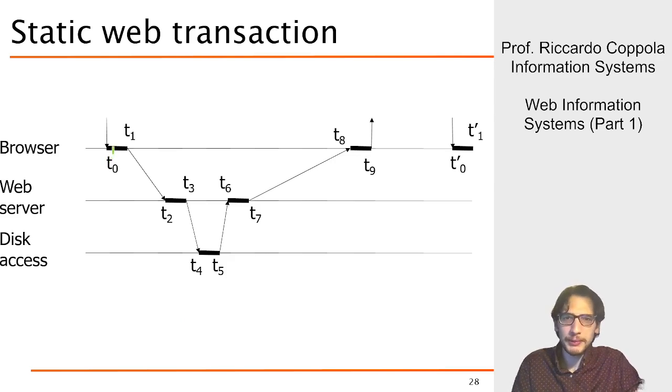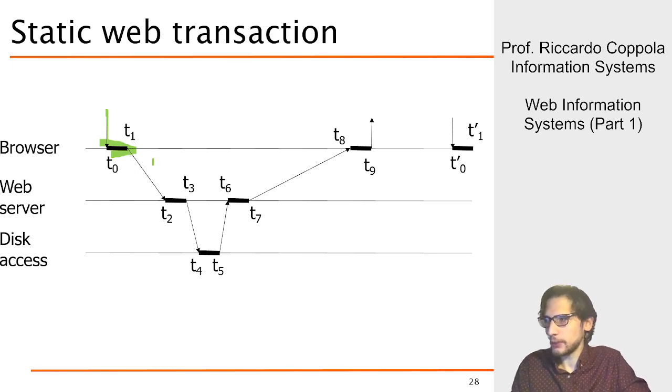The browser receives my request here, where I have this arrow, and it has to elaborate the request. So the browser creates an HTTP request that has to be sent to the server between time t0 and t1. Then between t1 and t2, I have a communication, a transmission request. This depends on the bandwidth.